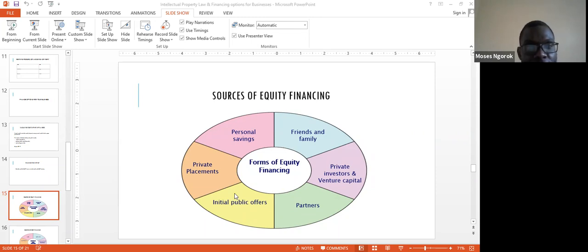But you should note that a private investor can also be a partner. Essentially, when you do a private placement, people become shareholders in your company. You could refer to them as partners in that regard, but that's maybe technically speaking.